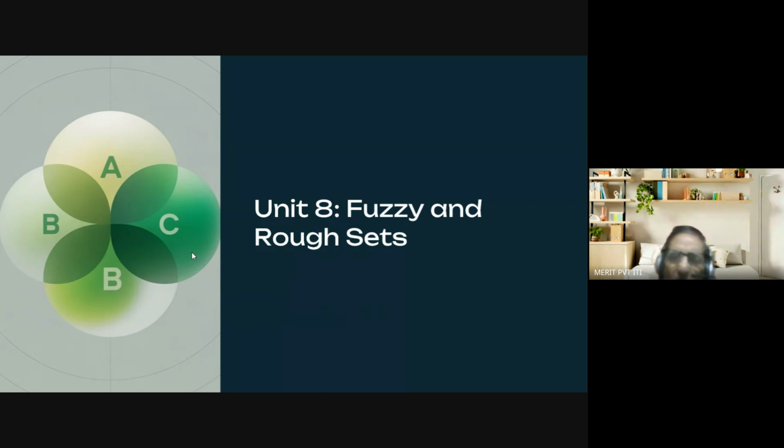A person is beautiful, a man is handsome, a girl is beautiful. Who is most beautiful? How beautiful is she? Is Deepika Padukone more beautiful than Aishwarya Rai? Who is more beautiful?